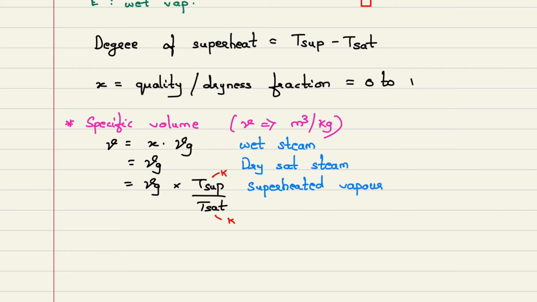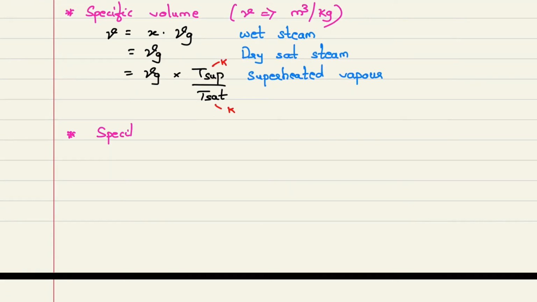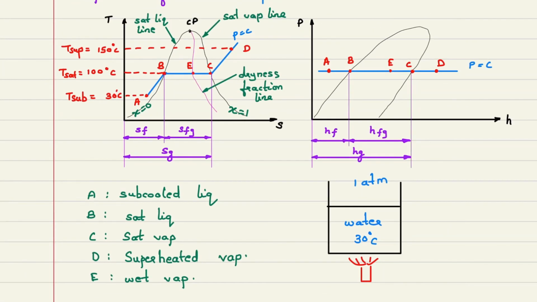Next, we will see equations related to specific enthalpy. Specific enthalpy is denoted by small h and its unit is kilojoule per kg. One by one, as we have written for specific volume, in the same way we have to write. For wet steam, meaning suppose point E, now understand how to write down the formula. We will see the p-h diagram.